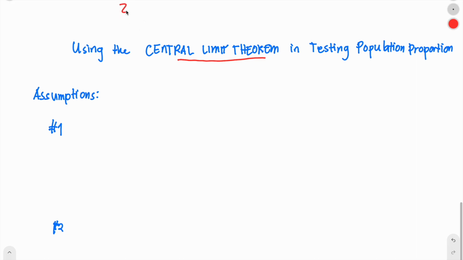We know that in the central limit theorem, z equals x bar minus mu over sigma over square root of n, where z is a random variable that is normally distributed with mean and standard deviation.